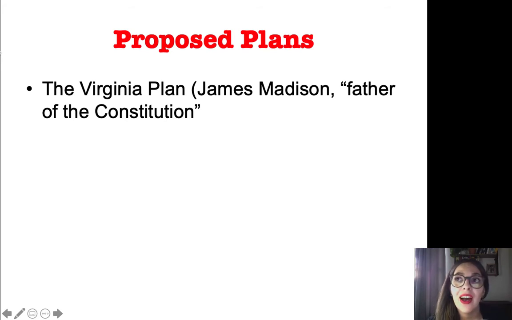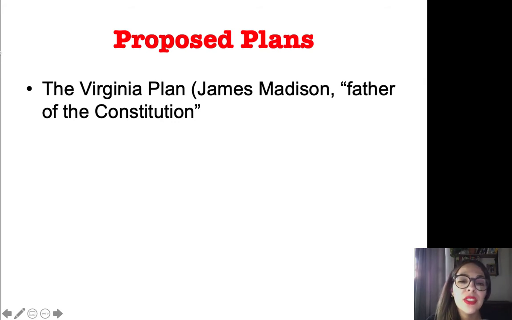So, he is going to be known as the father of the Constitution. Please do not get James Madison confused with Thomas Jefferson, who is the primary author of the Declaration of Independence. James Madison's contribution lies with the U.S. Constitution, okay? So, from James Madison, we get what is known as the Virginia Plan.